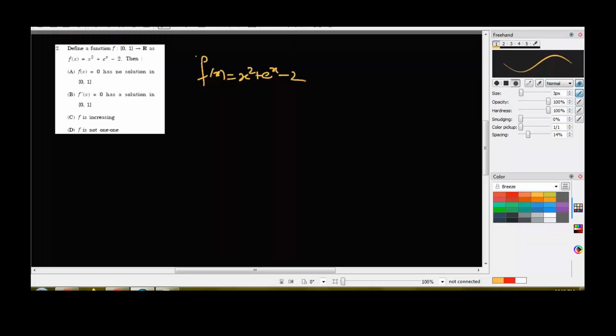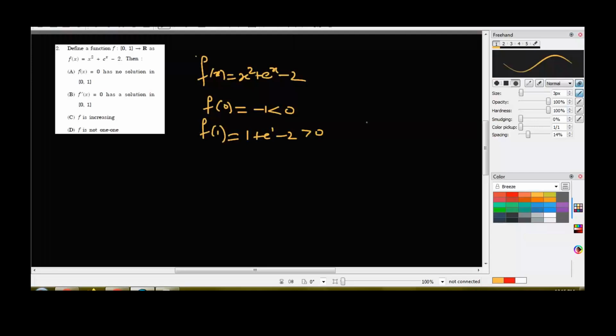If we look at the function at 0, it takes the value minus 1, which is negative. And at 1 the value would be 1 plus e power 1 minus 2, which is positive. So we can conclude that the root lies between 0 and 1. So there is a solution between 0 and 1.